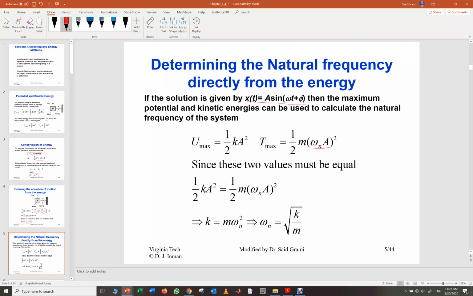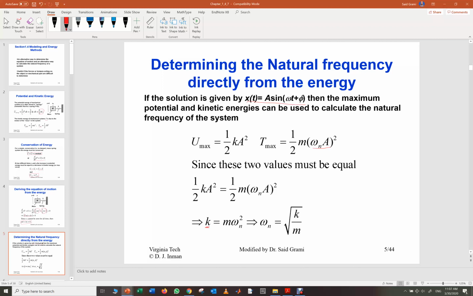Since these two values must be equal, as we said in the previous slide, U max is equal to T max. So we can equate both terms: half k A squared equals half m omega n squared A squared. We calculate k from this equation: k is m omega n squared.